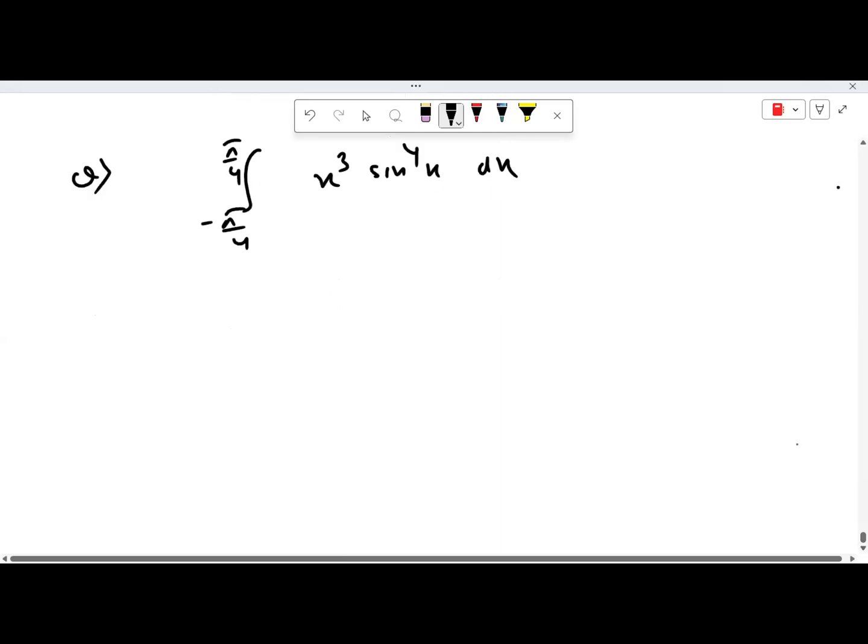Fadil, is it an odd function or even function?